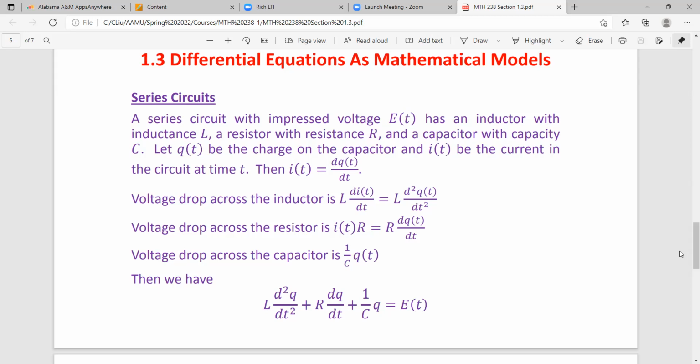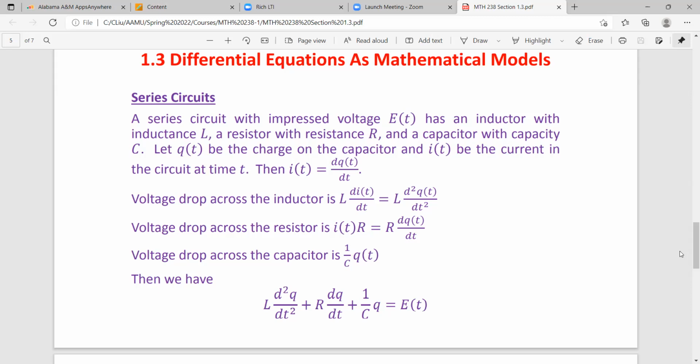But if you plug in dq over dt or q prime for I, then you actually take the second derivative of q with respect to t. So you get the voltage drop across the inductor: L times d2q over dt2.